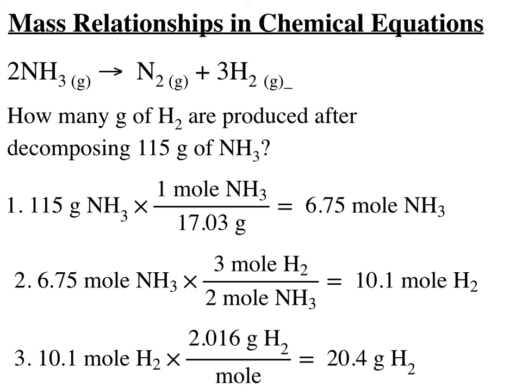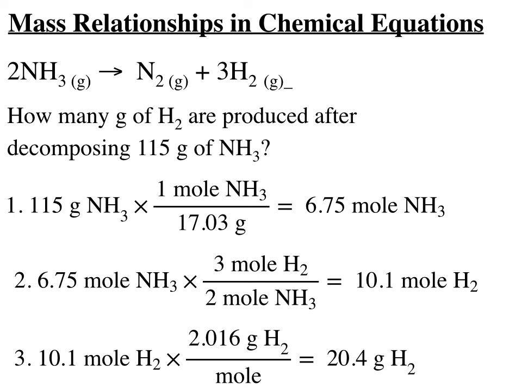So then I can take my moles of H2 and convert it into grams of H2. I do so by multiplying the moles of H2 by its molar mass, and I find that 20.4 grams of H2 are produced upon decomposition of 115 grams of ammonia.